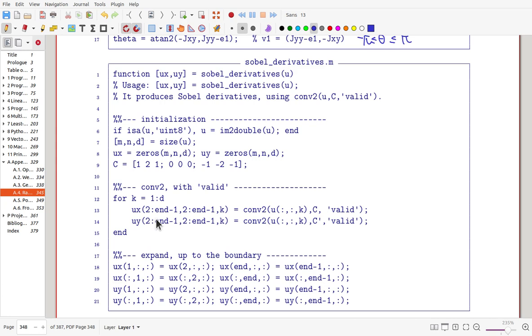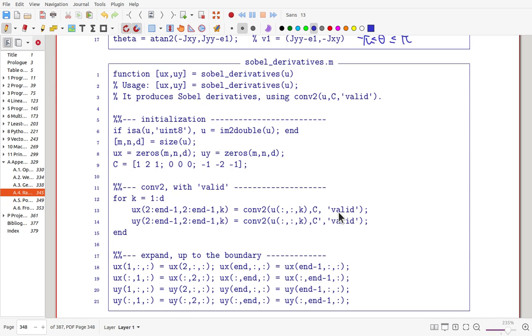And then now we try to expand up to the boundary by copying the nearest boundary. So we can expand that. And here you may try to use the same option. Then you may get the output of same size.